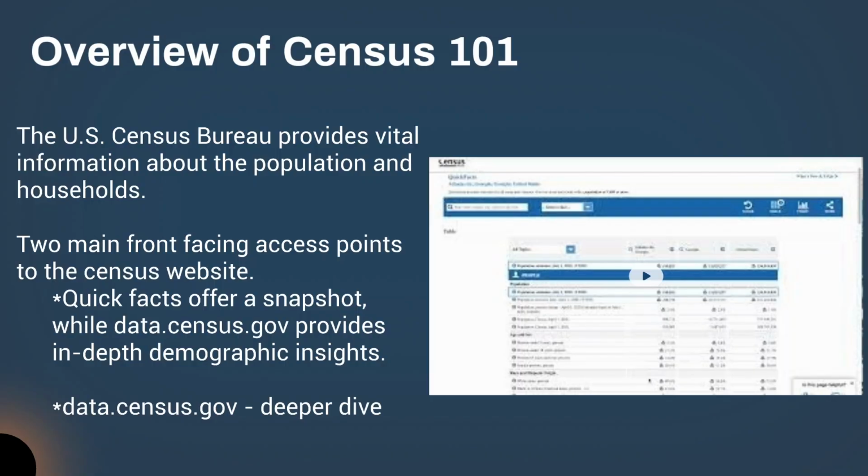So, overview of the U.S. Census here, continuing on from that video, provides vital information about the population of households. It goes back to the demographics we talked about in Module 3: age, sex, race, income, those markers that are typically functional when you're looking at different aspects of our overall society, and how things play out, where the wage gaps are, where the education gaps are, where the inequalities are.